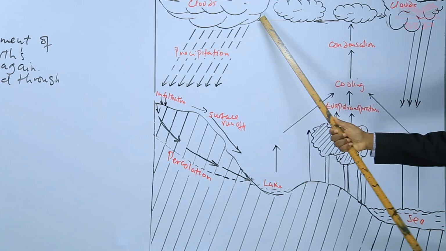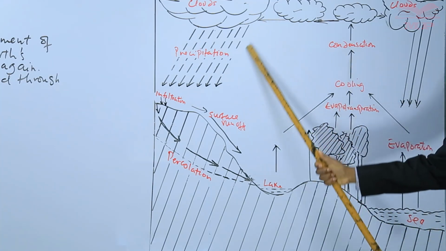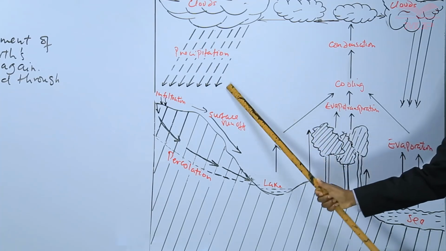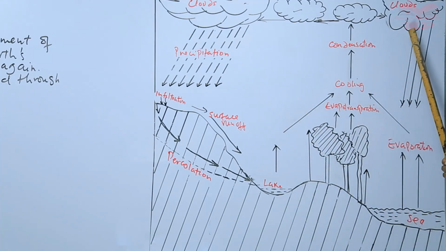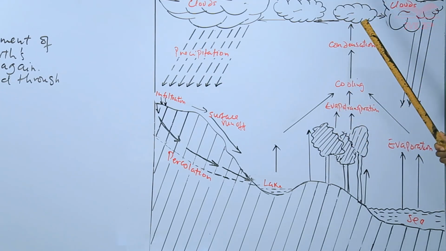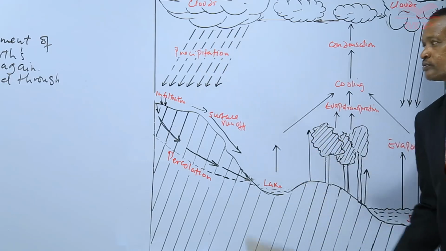See this water, these arrows show water that is falling back to the ground in form of snow, in form of rain, in form of hail. This rain is falling, learners. The process takes water back to the ground in form of hail, in form of rain, in form of snow.